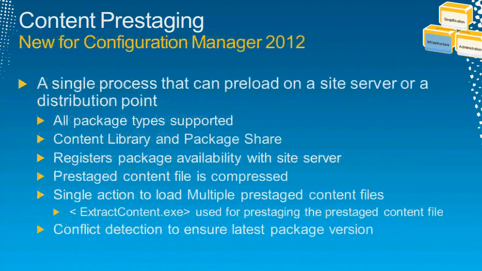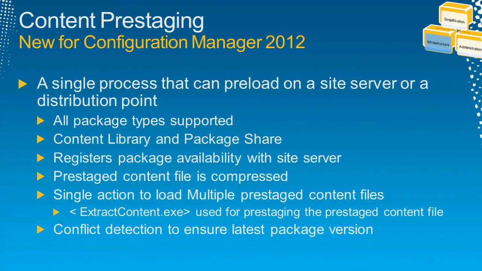How we changed this in ConfigMan 2012 is we've gotten rid of all those tools. All those tools go away, and now we have a single process that allows you to create a pre-staged content file from the admin console for all different types of content: OSD, software updates, applications, and so on. Create a pre-staged content file. You then move that file over to a standard distribution point and run one utility.